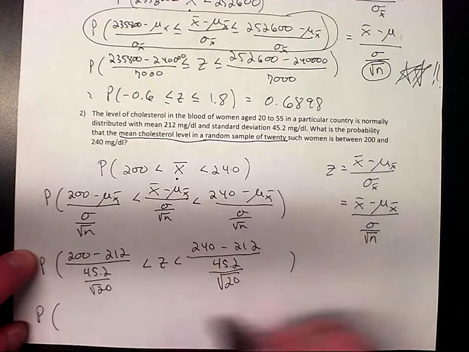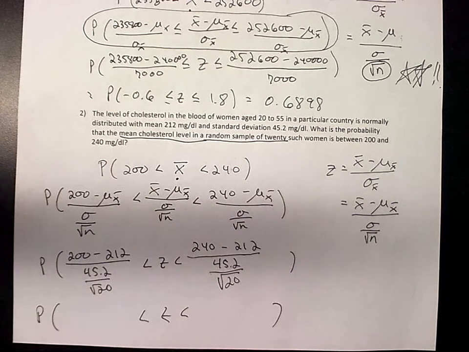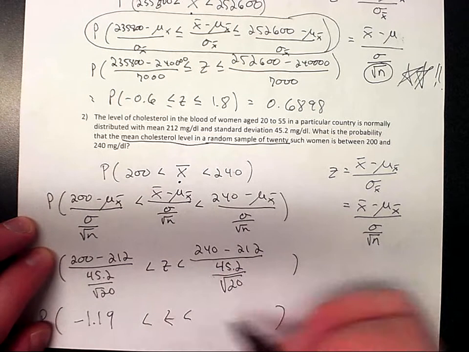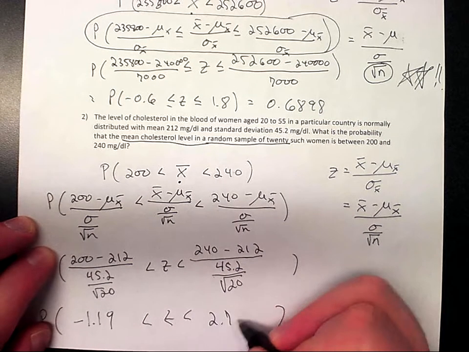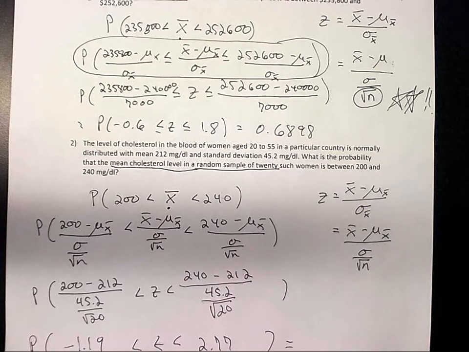All right, so then what I'm going to end up with is, did I do this one? Sure did. I got negative 1.19 and 2.77. And then if you look those two numbers up and subtract the smaller from the larger, I got 0.8802.